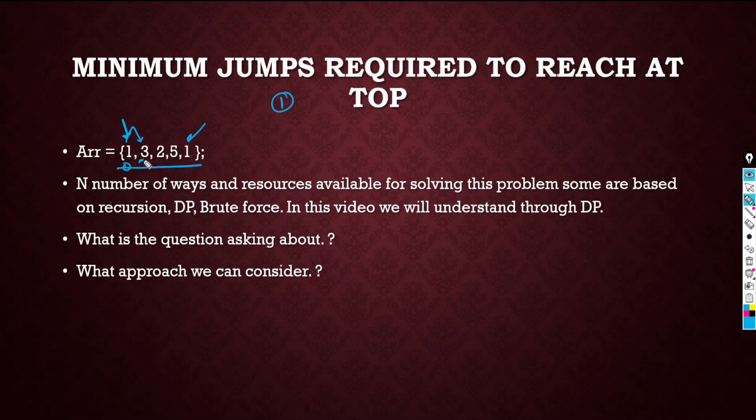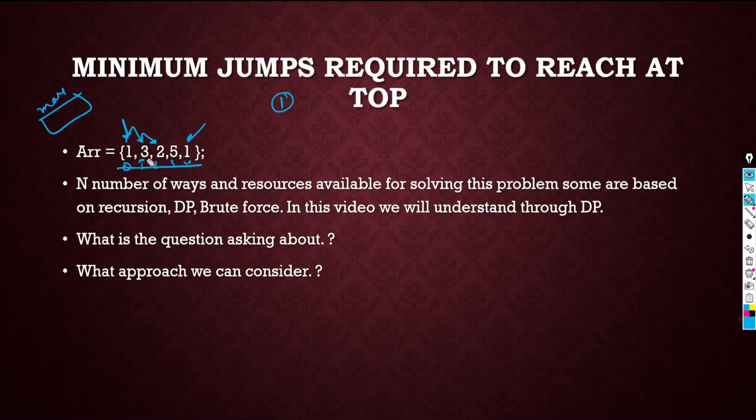Now we are at the first index, and here you can try 3 jumps, right? Let's suppose the maximum value is the maximum index; I am counting the indexes as 0, 1, 2, 3, 4.